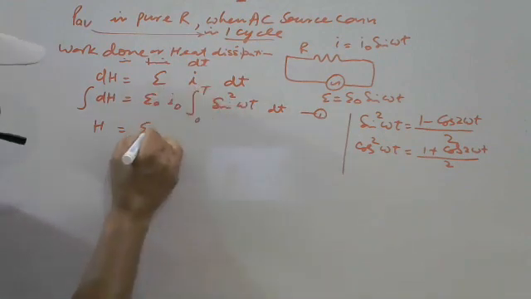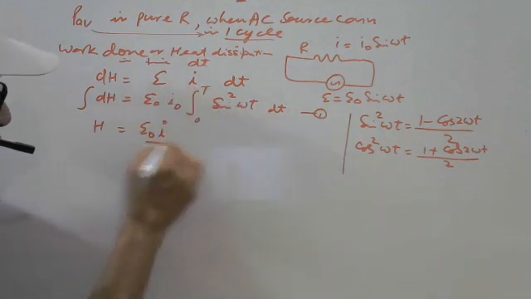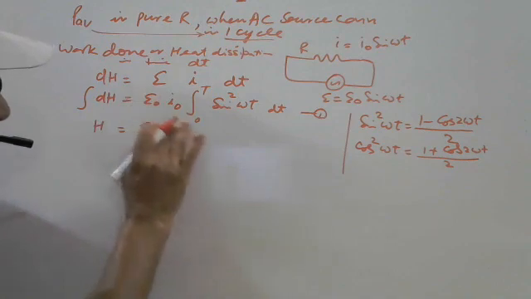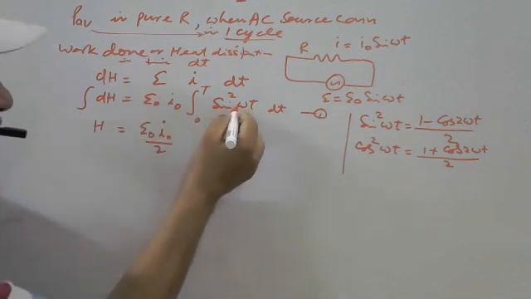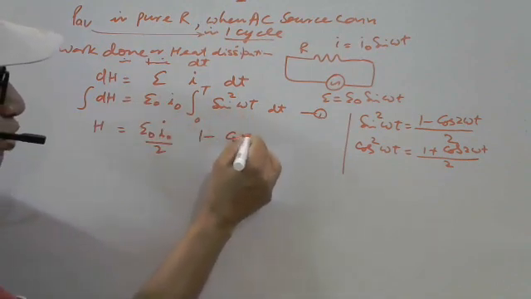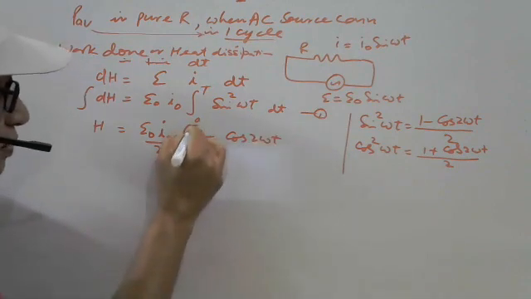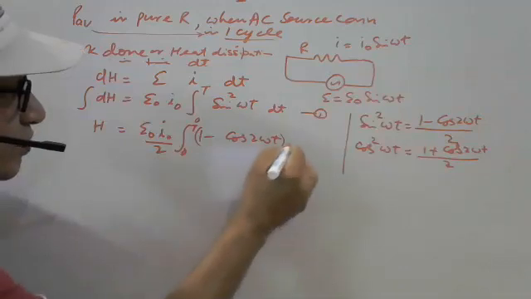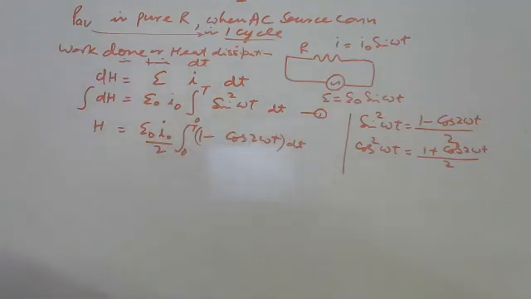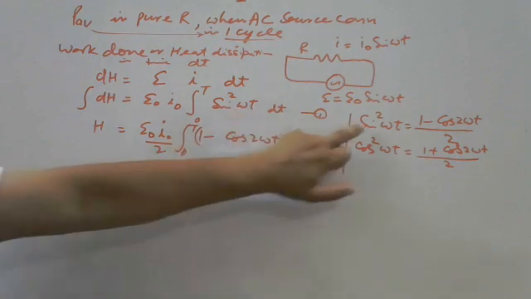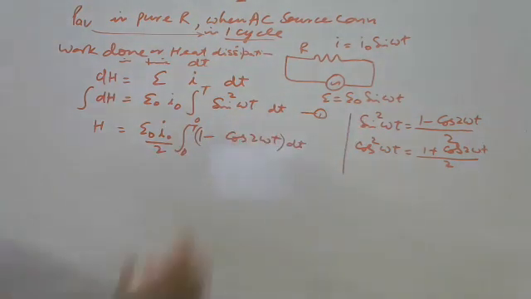So here we have E naught I naught upon 2, and 1 minus cos 2 omega t upon 2 comes here, integrated from 0 to T. I think there is no doubt, because we have replaced it with this formula and now you integrate it.